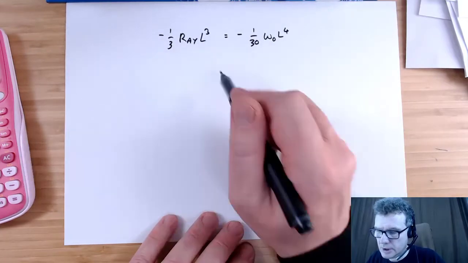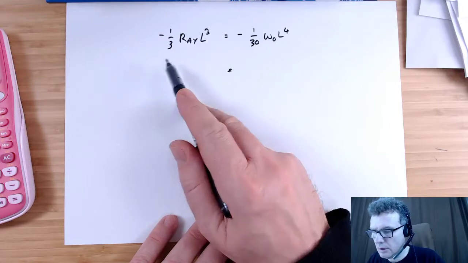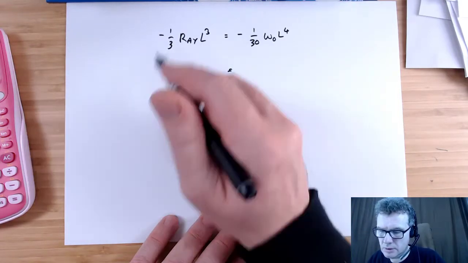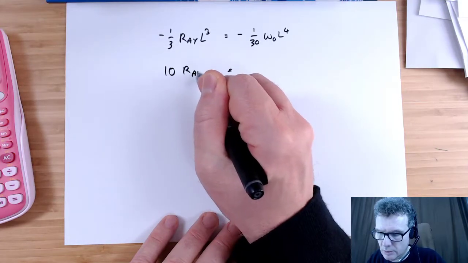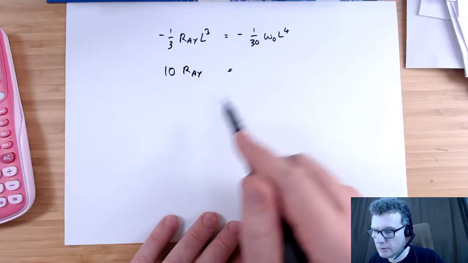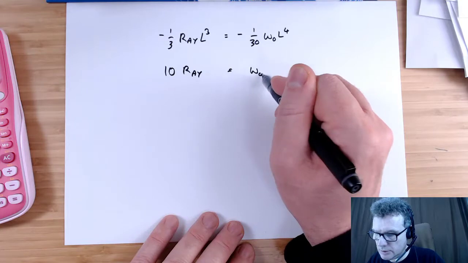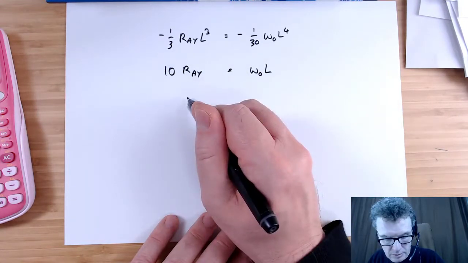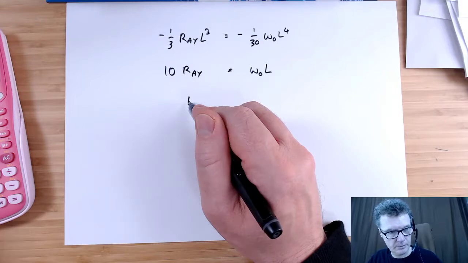So the L's are going to cancel a lot. Multiply both sides by minus 30. So that gives me 10 RAY, divide through by L to the power 3, minus 30 W0 L. So, and I'm getting the wrong answer. Or am I?